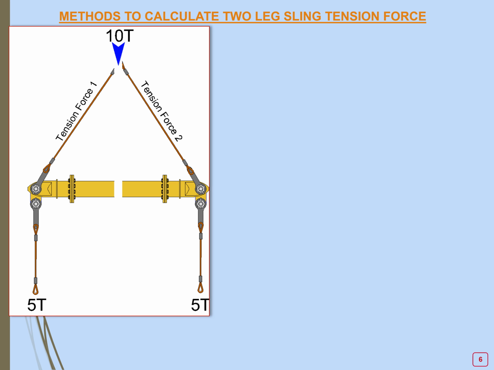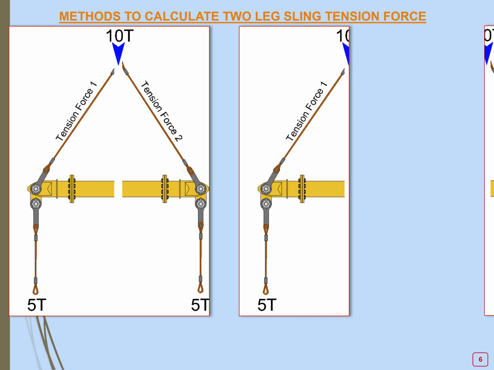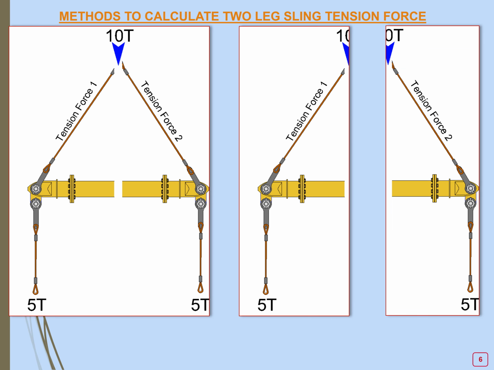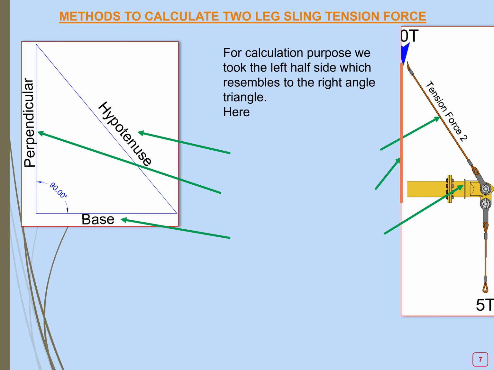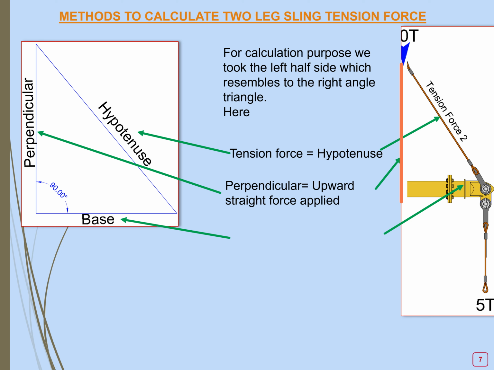We split our task into two portions, the right and the left side. So we compare this figure with the right angle triangle. Here we have the tension force, which is the hypotenuse, then the perpendicular, which is the upward straight force, and we have the base, which is half of the spreader bar, the distance to the lifting point.